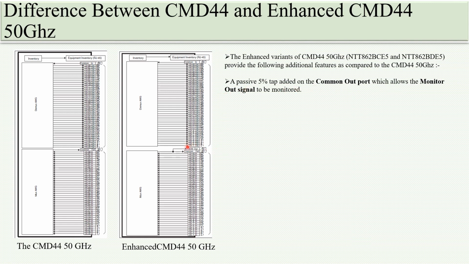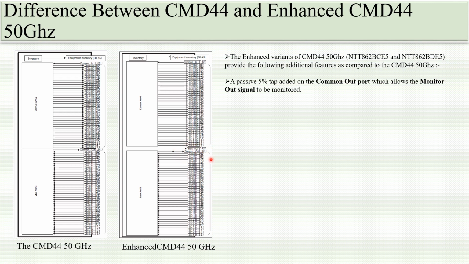You can see here the common output is port 90 and this is port number 92, monitor out. This 5% tap on the common output allows you to monitor the output signal. The signals from port 90 are common out signals, and these can be monitored by this port 92 monitor out port.